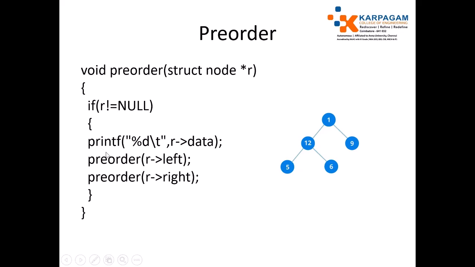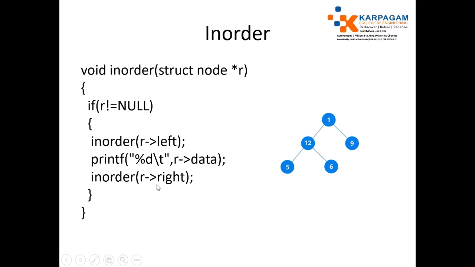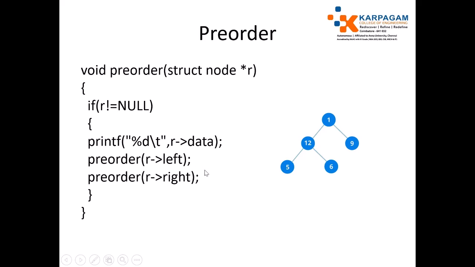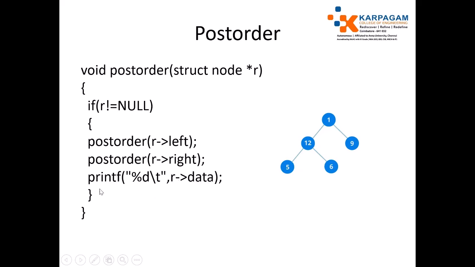Here the printf function is coming before the pre-order function calls. That's all. First print the middle data, process the left subtree by calling this function, and process the right subtree by calling this function. For post-order traversal, printf comes at the end.